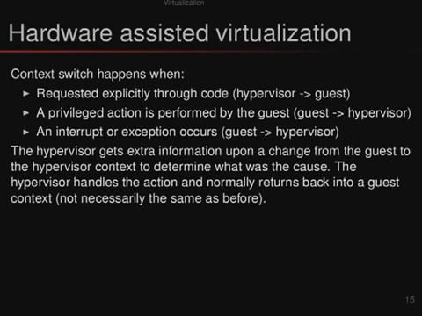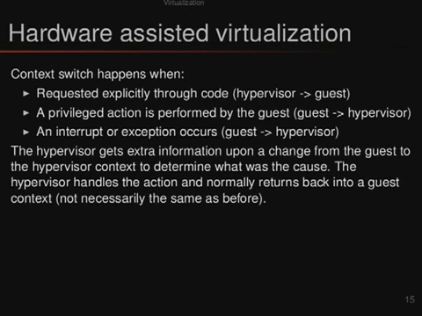Or a hardware interrupt or an exception occurs. That means some device attached to the computer pulls on an interrupt line on the CPU, and the CPU has to react to get data from the hard disk or the network interface. Then the guest mode is also persisted and the hypervisor mode is loaded again, so that the hypervisor can handle the real hardware events.